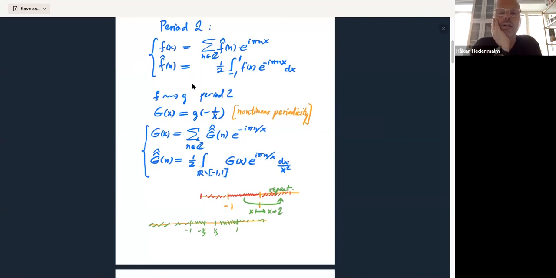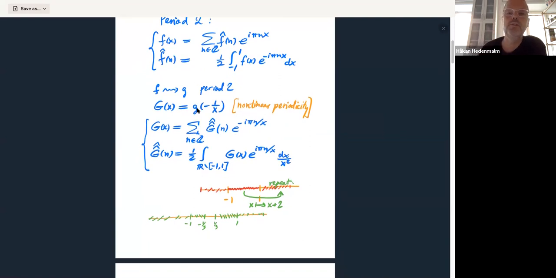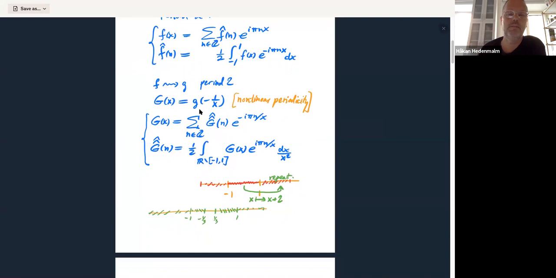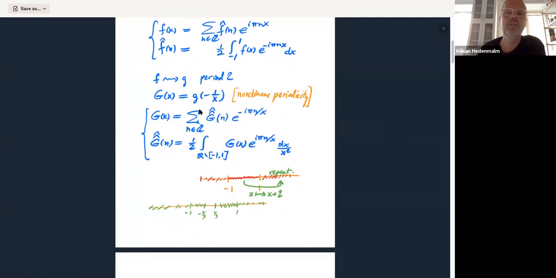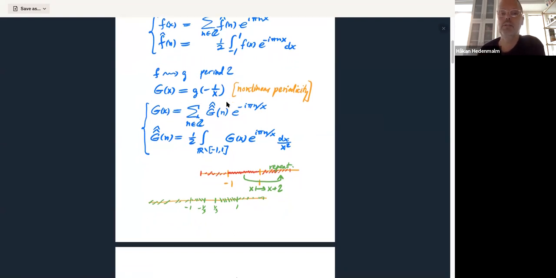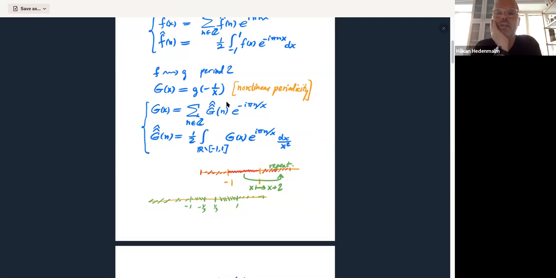But then if you start with another function g, you can move to functions where you insert the transformation -1 over x. And what's the relationship? If you do that, you start with little g, which has period 2, and then you do this little g of -1 over x. You get a function capital G of x, which then has some kind of nonlinear periodicity because little g was nicely periodic.